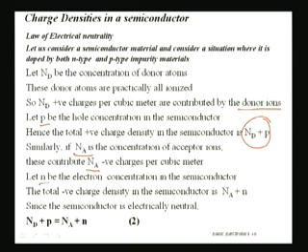So the total negative charge density will be Na plus n. Since this semiconductor is electrically neutral, we have this law to be satisfied: Nd plus p is equal to Na plus n. Let us number this equation as 2. That means this electrical neutrality must be satisfied in the semiconductor.